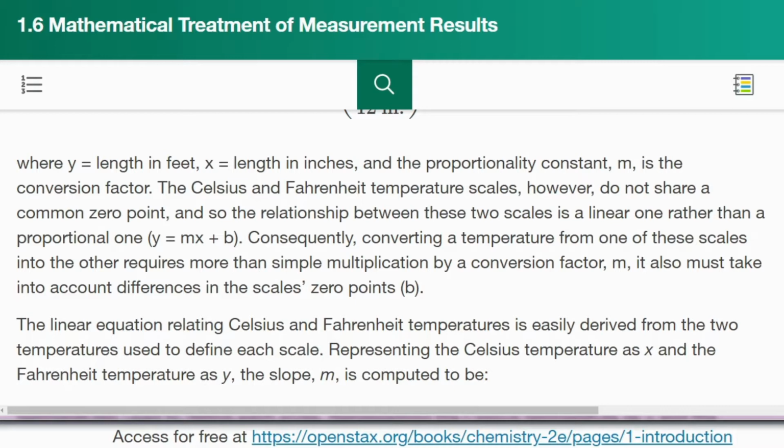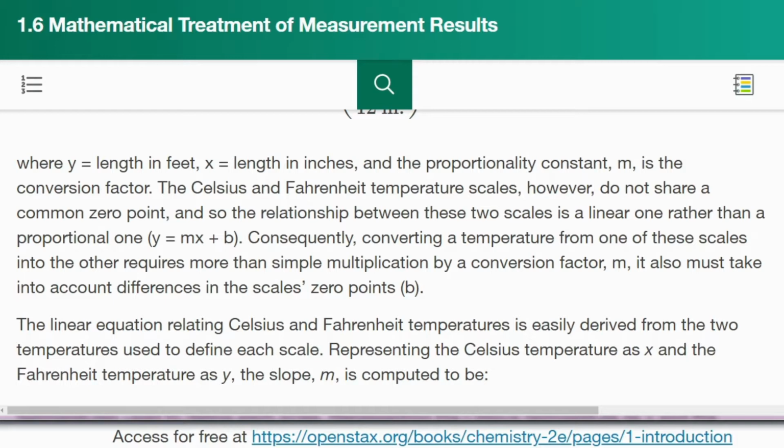The Celsius and Fahrenheit temperature scales, however, do not share a common 0 point, and so the relationship between these two scales is a linear one rather than a proportional one, that is, y equals mx plus b. Consequently, converting a temperature from one of these scales into the other requires more than simple multiplication by a conversion factor m.